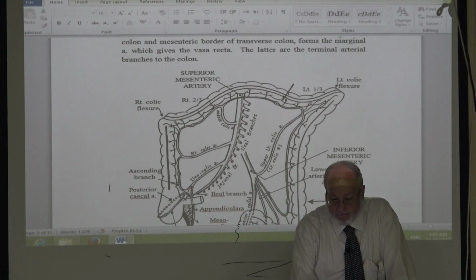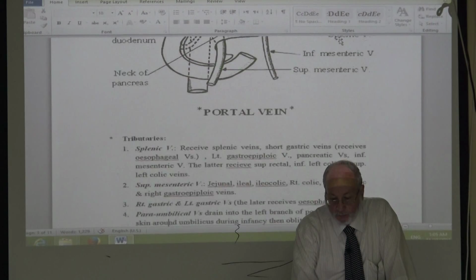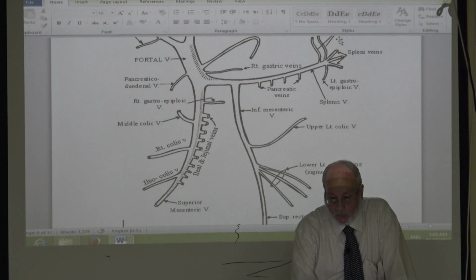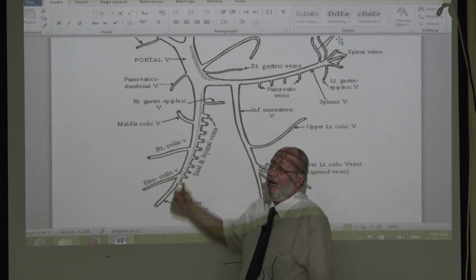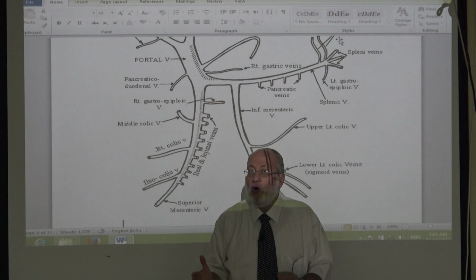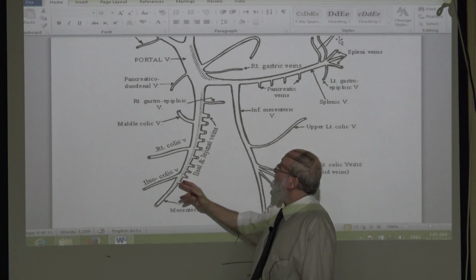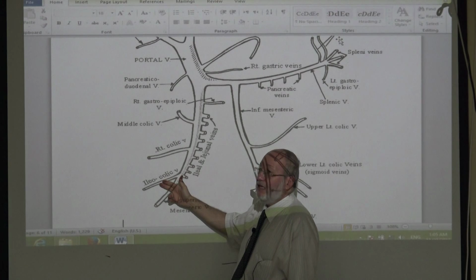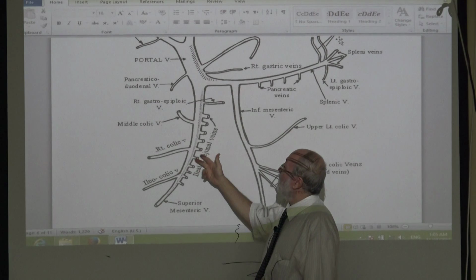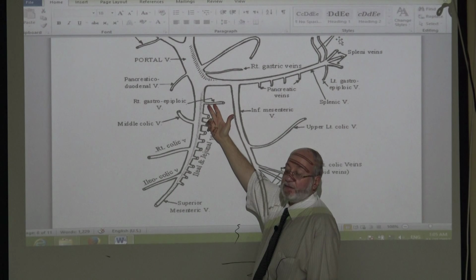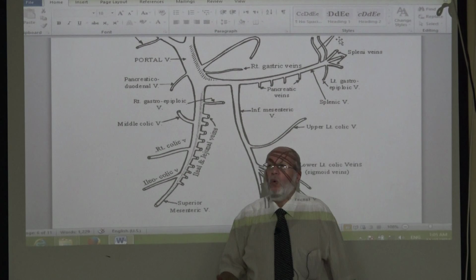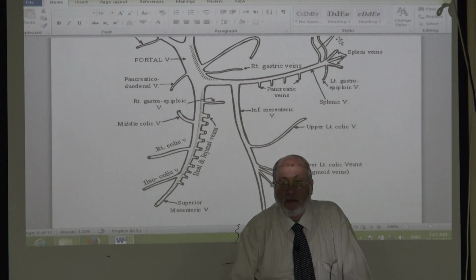This is the superior mesenteric vein, as we said before, on the right side of superior mesenteric artery, receiving venous return from the colon, middle colic, right colic, ileocolic, and receiving ileal and jejunal veins, and receiving also right gastro-omental vein. Okay? What is the venous return of the foregut?